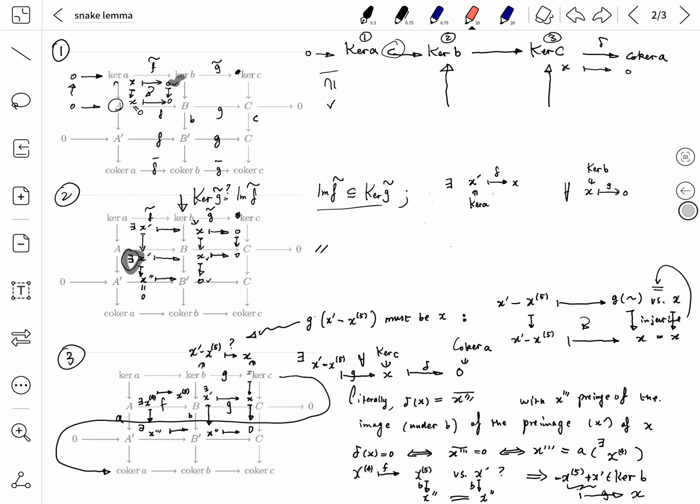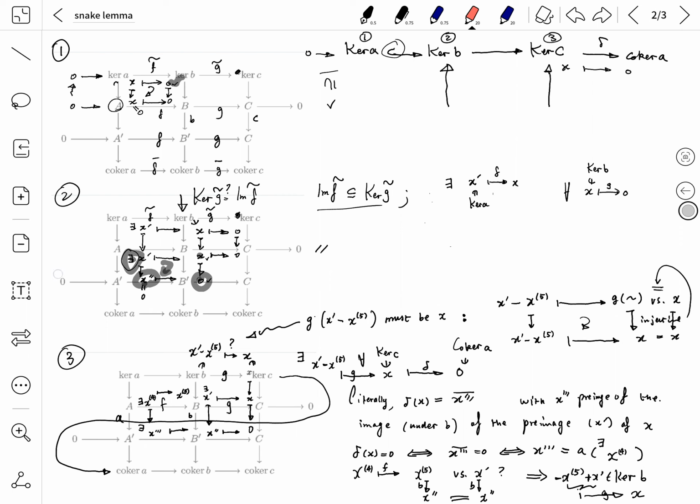But then if you look at this x prime, it is mapped vertically to x double prime here, right? And this x double prime, by the commutative diagram, must be mapped to 0 here, because x prime goes to x goes to 0, and so x prime goes to x double prime goes to 0, and so this x double prime is mapped to 0 in p prime.